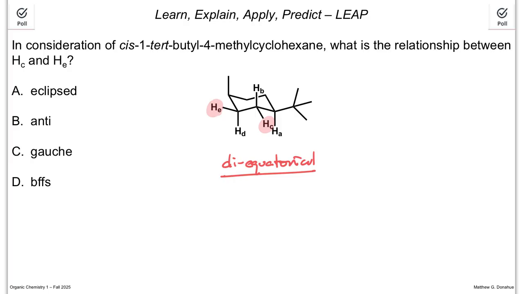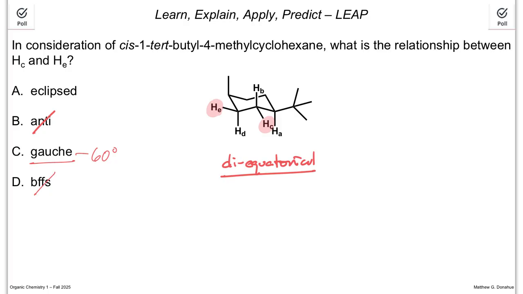So what do you think their relationship would be? So they have to be gauche. Remember, that's 60 degrees. We know they're not anti, because that is 180 degrees. Maybe they're best friends, maybe not.